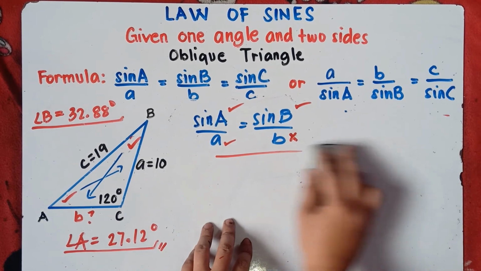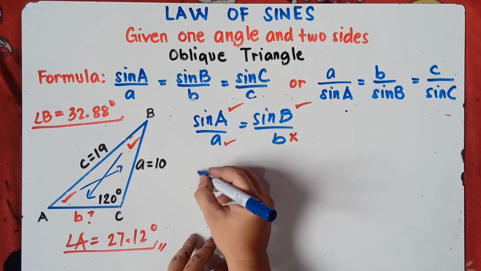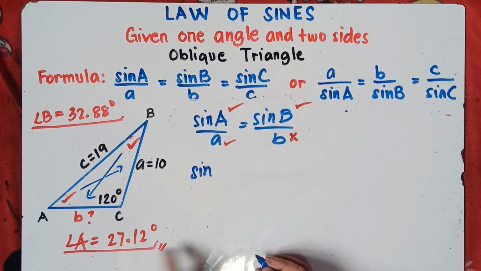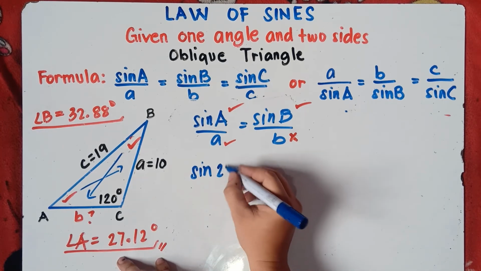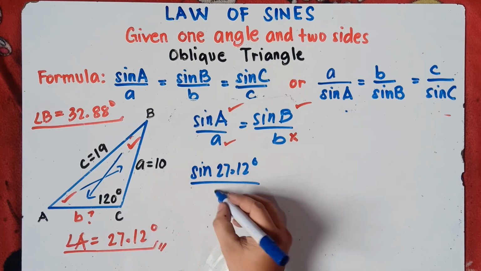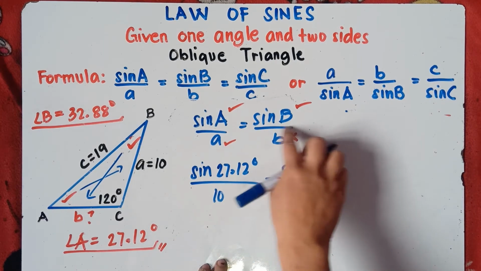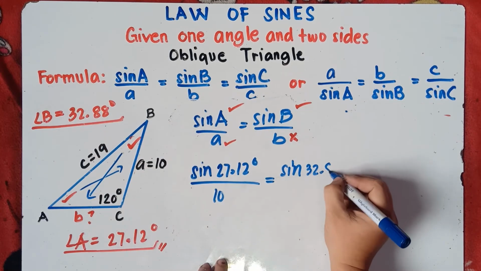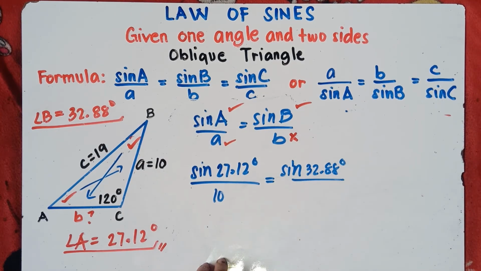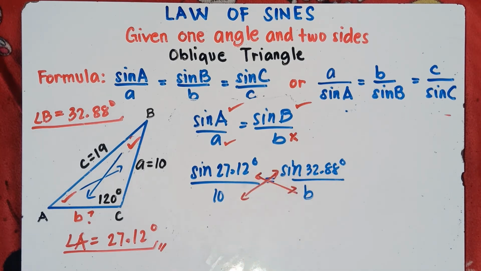Sine A over A equals sine B over B. So this will be sine of our A, 27.12 degrees, over your small a, which is 10, equals sine of our angle B, 32.88 degrees, over B. We're told to find B. Then cross multiply.